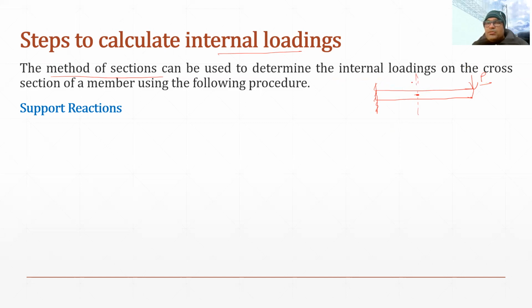So to calculate the internal loading or to cut the section, first of all, I need to find out the reactions. What are the reactions which will be offered because of this load? So that is my first step. First of all, I will be calculating the reaction force.